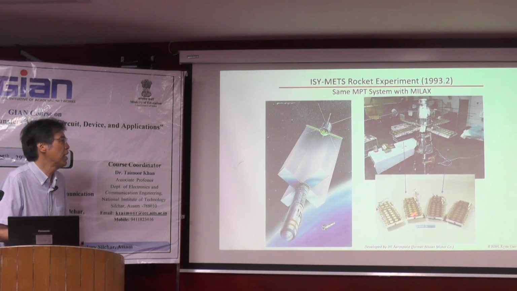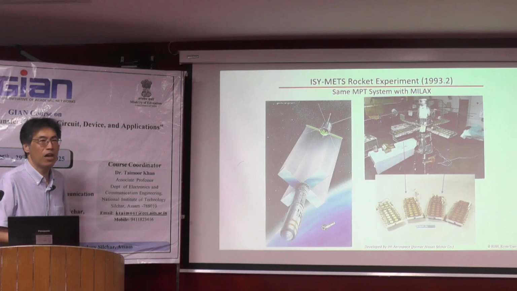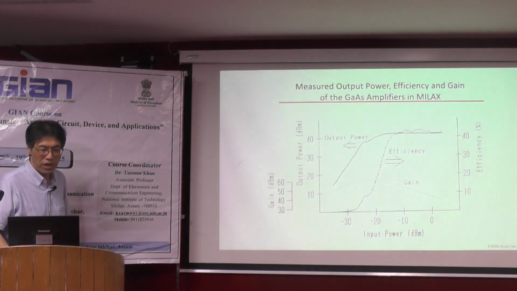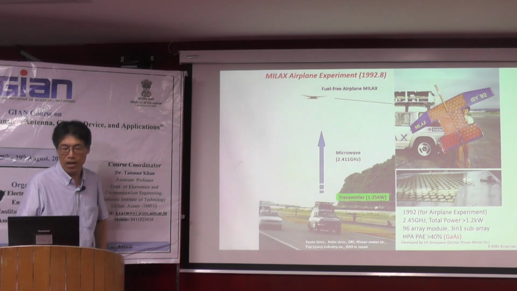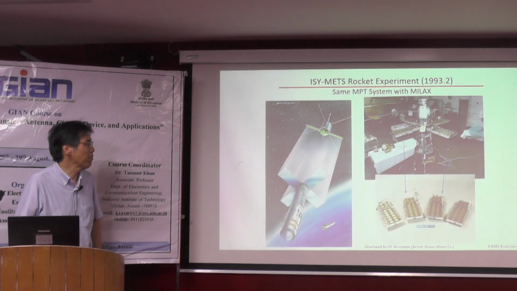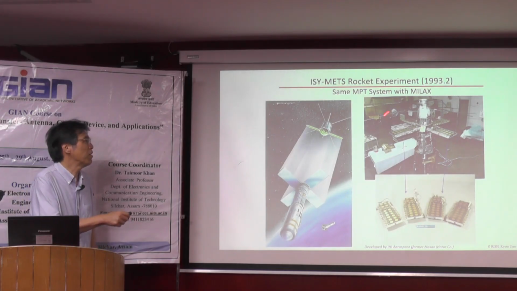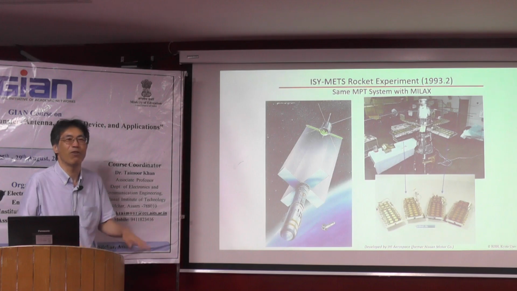But this was a 30-year-old result, and we used the same phased array antenna, amplifier and phase shifter system in the next year's rocket experiment, METS. Because we have this good phased array antenna, we can use the same phase shifter and amplifier system for this rocket experiment to reduce the cost.